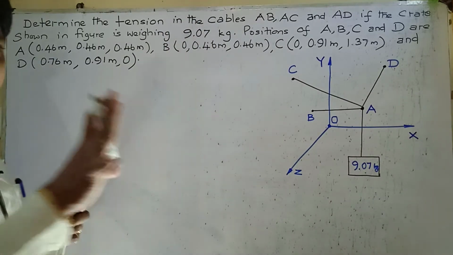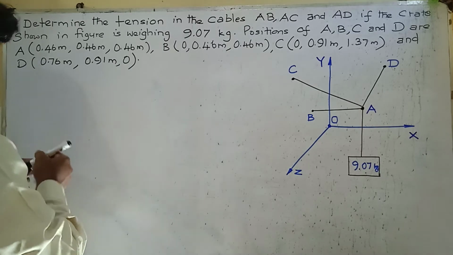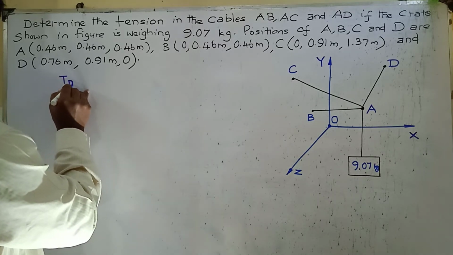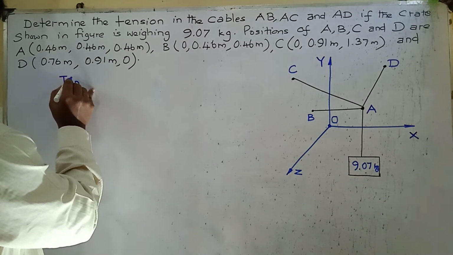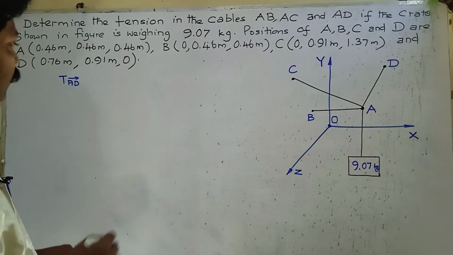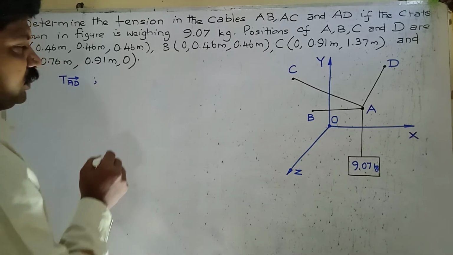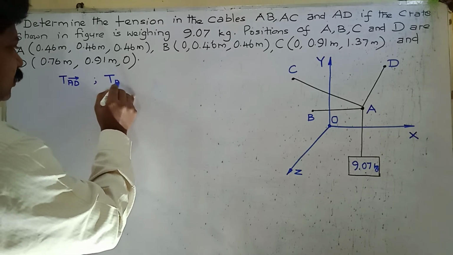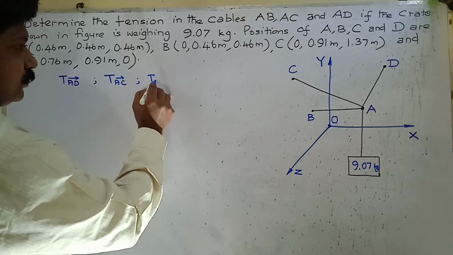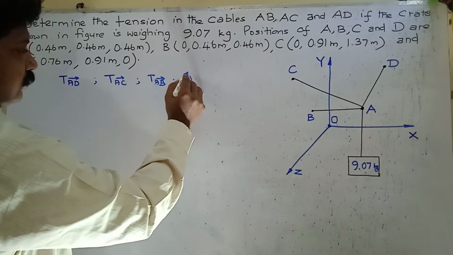So the forces acting on the particle A are TAD vector, and then TAC vector, then TAB vector, and then W vector.